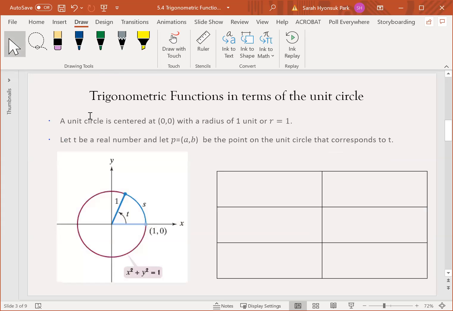So for the unit circle, we go back to our definition from 5.3.